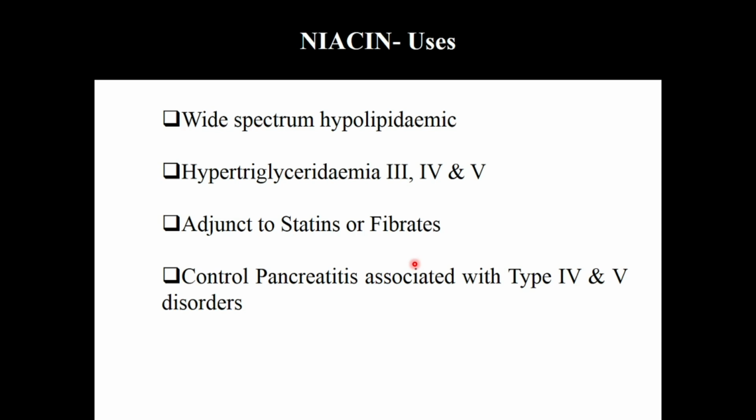In hypertriglyceridemia type 3, 4, and 5, this is the drug of choice. It is an adjunct to statins or fibrates in case there is no contraindication to combinations, such as renal failure, hepatic problem, etc. And it can also be used to control pancreatitis associated with type 4 and type 5 disorders.